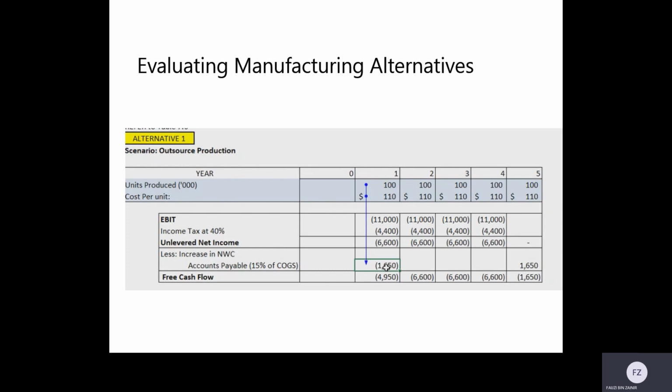Based on the previous slide, since we are just looking at the changes, if you were to find the working capital itself, we will have 16,500, 16,500, 16,500, 16,500, and 0 here. But since we are looking at the changes, we take the 16,500 minus 0 here.